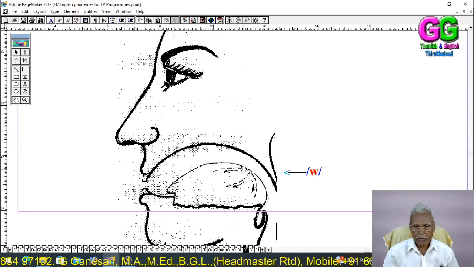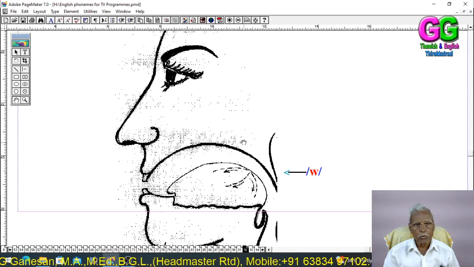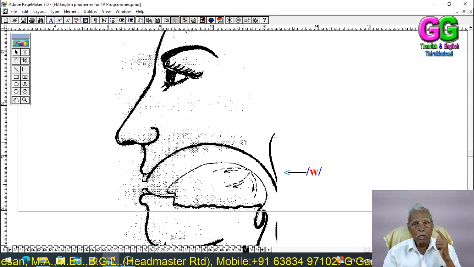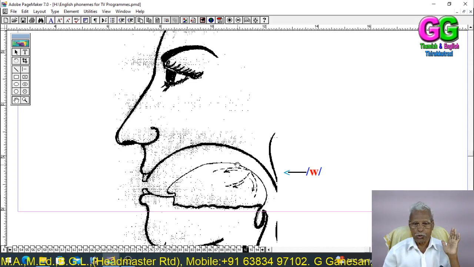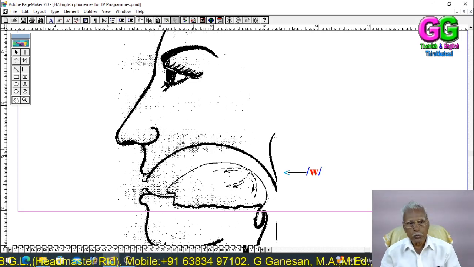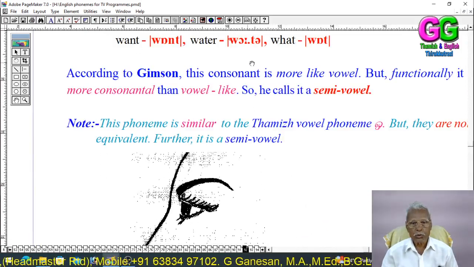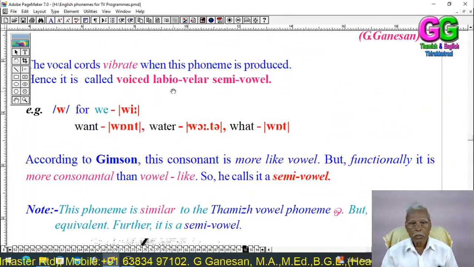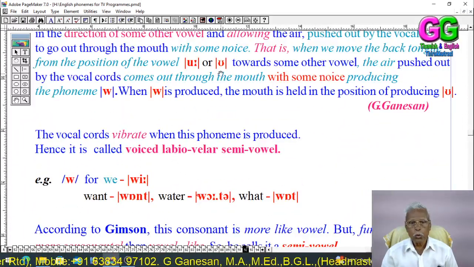See, this is the place where the phonemes U and U are produced.